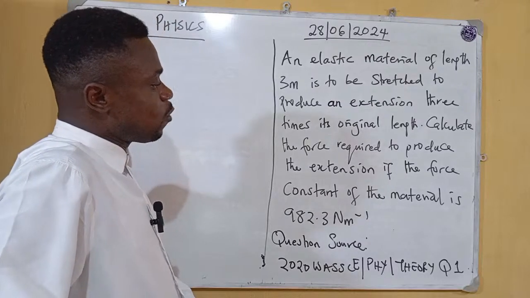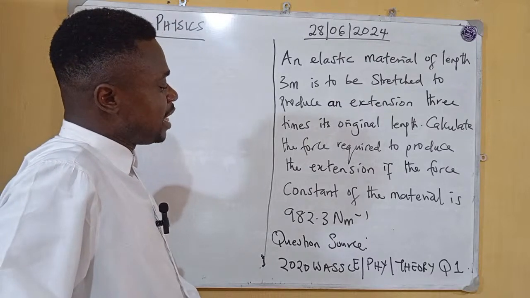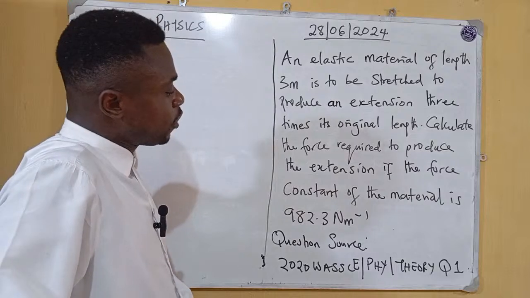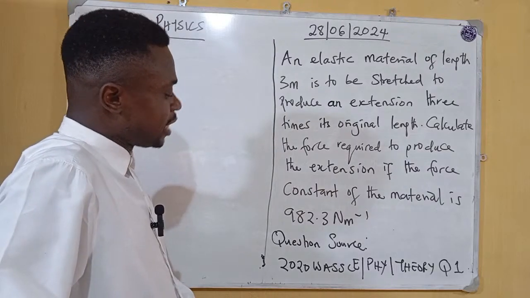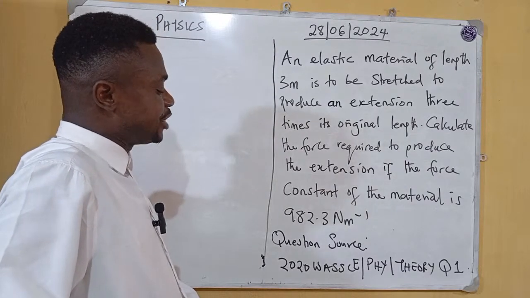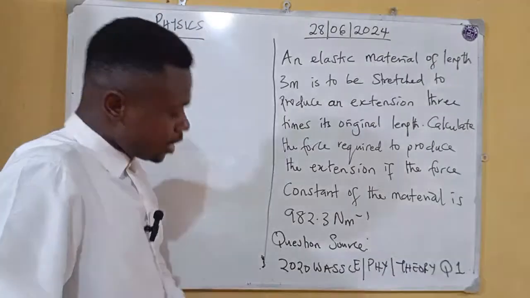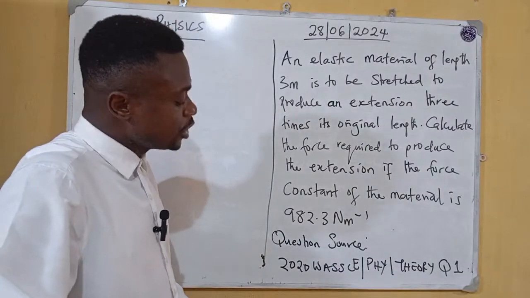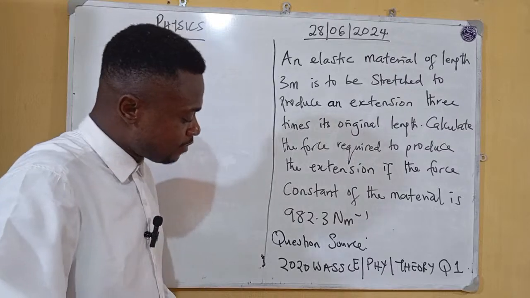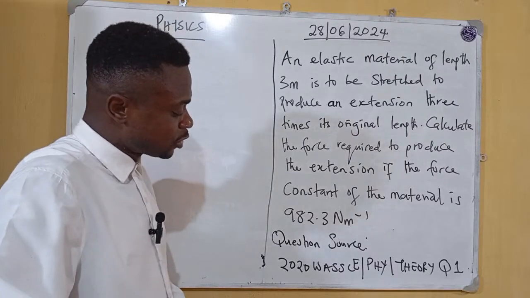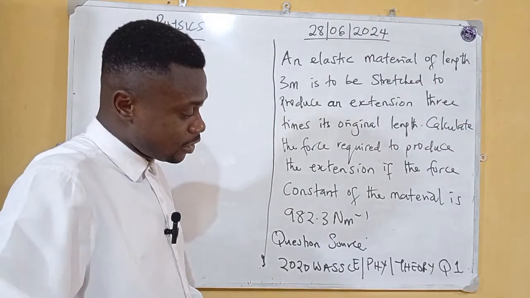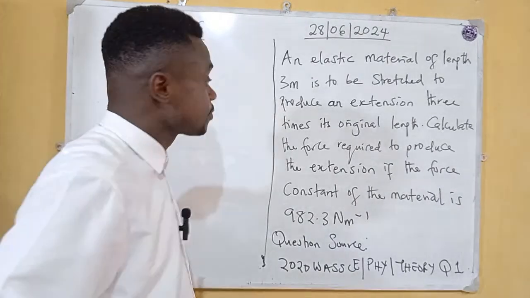Calculate the force required to produce the extension if the force constant of the material is 982.3 Newton per meter. The question source is 2020 WASSCE, West African Senior Secondary School Examination, Physics, Theory Question 1.